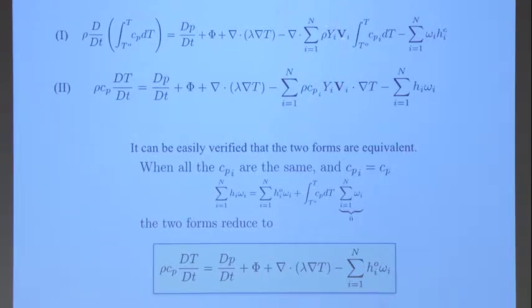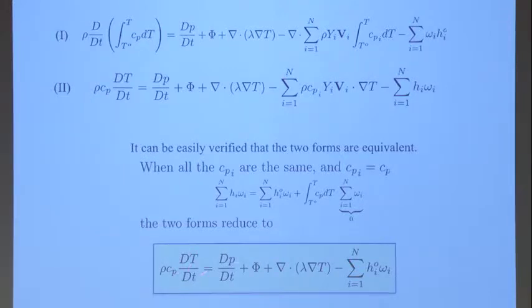Same thing here, the sum over all I of yi vi is 0. This is independent of I. And so these terms are gone. And then if Cp is independent of I, then that can be integrated to give you dT/dt. And on this side, of course, the two are identical. And so when all the CPI are the same, what you have is the expression which I left here framed.